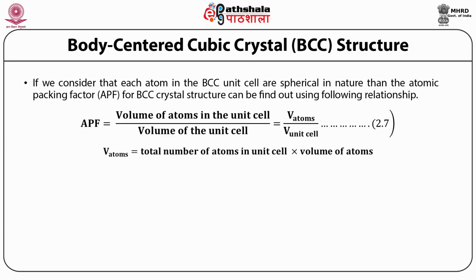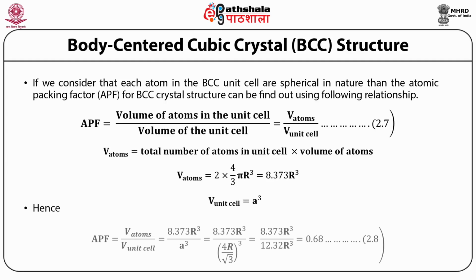V atoms is equal to the total number of atoms in the unit cell multiplied by the volume of an atom, which is 2 multiplied by 4/3 pi r cubed, equal to 8.373 r cubed, and V unit cell is equal to a cubed.